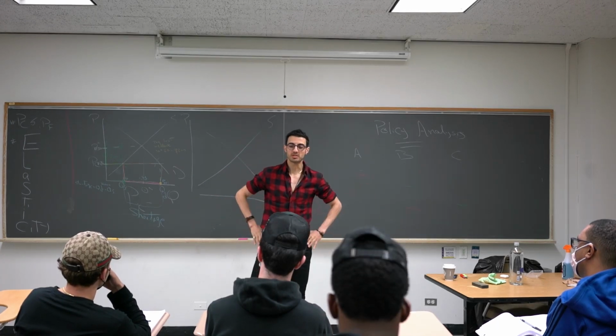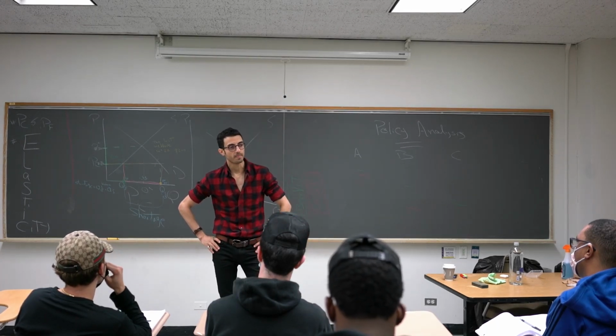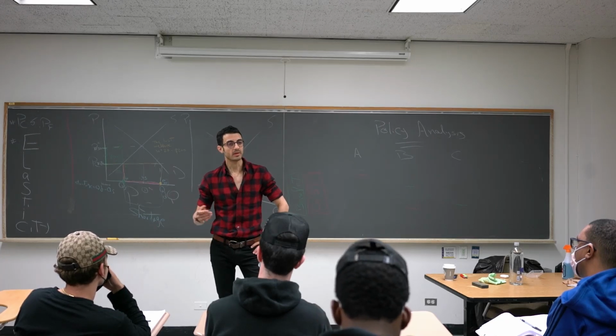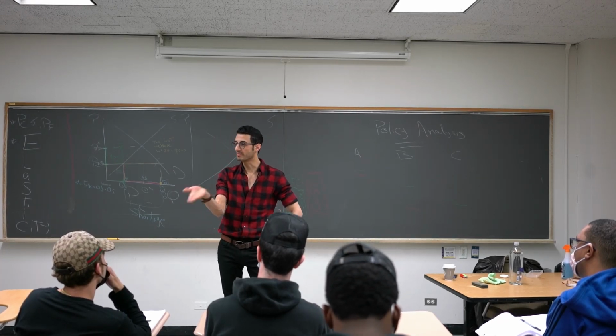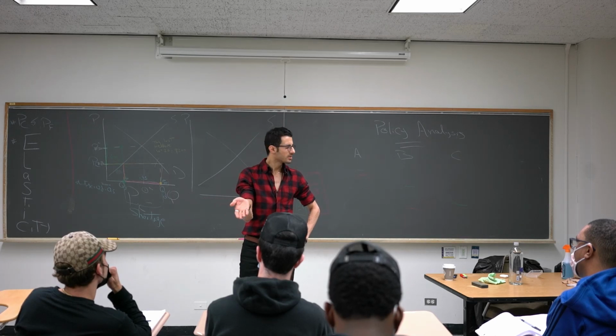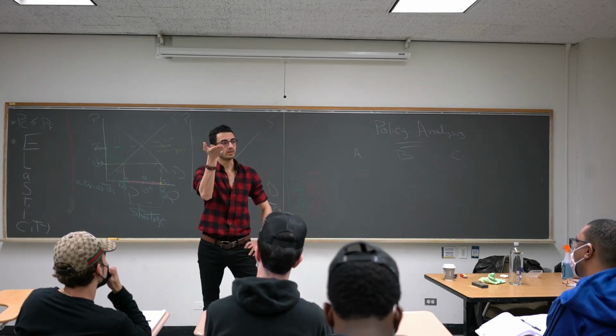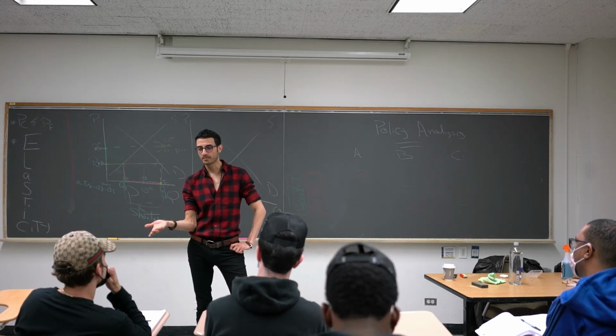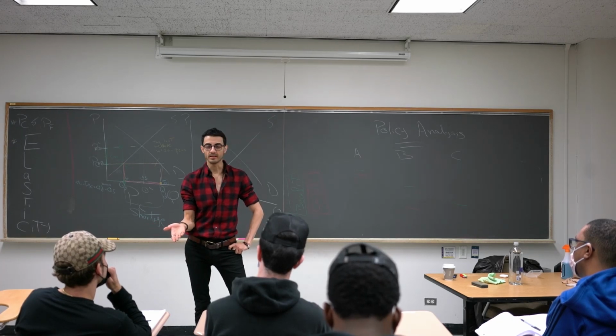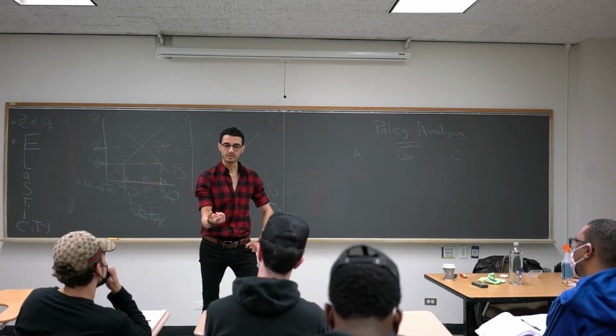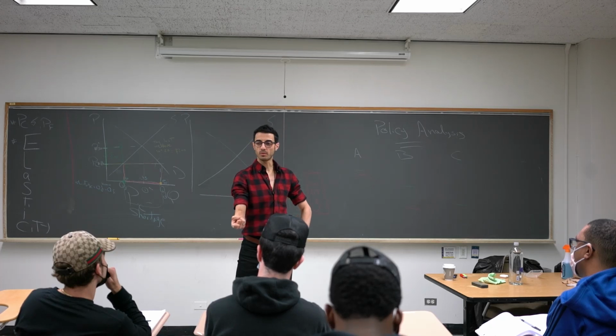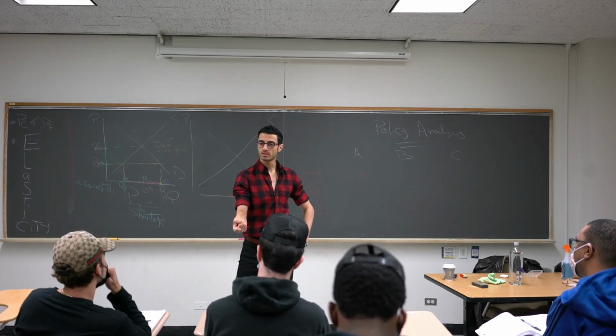Producing the right quantity that maximizes profit. What is the right quantity? The quantity at which the difference between total revenue and total cost is maximum. Which quantity is that? Easy, it's the quantity at which marginal revenue equals marginal cost.